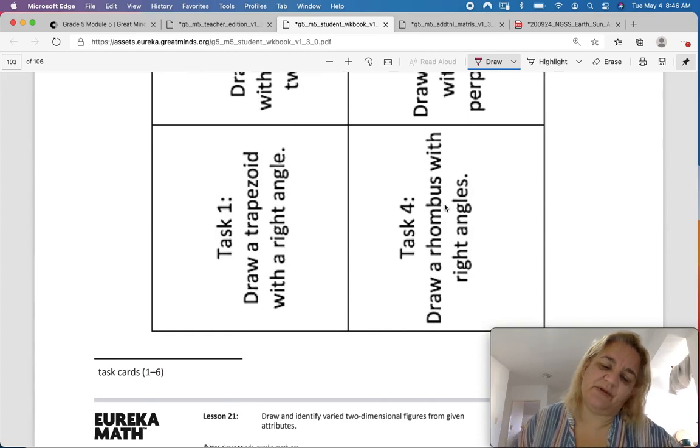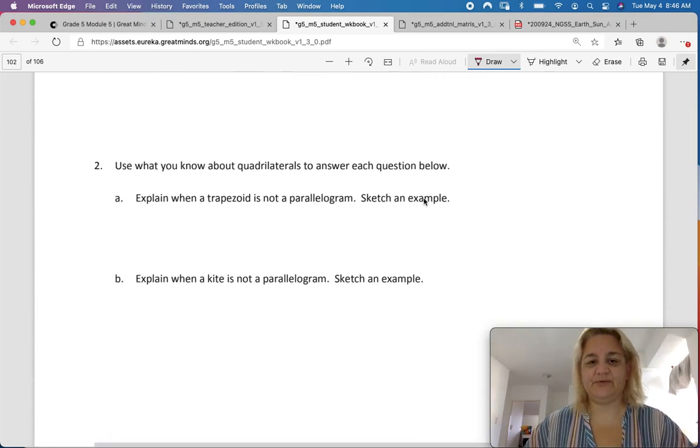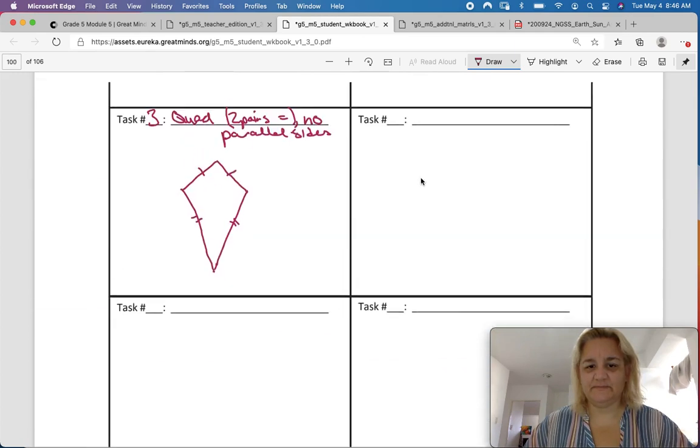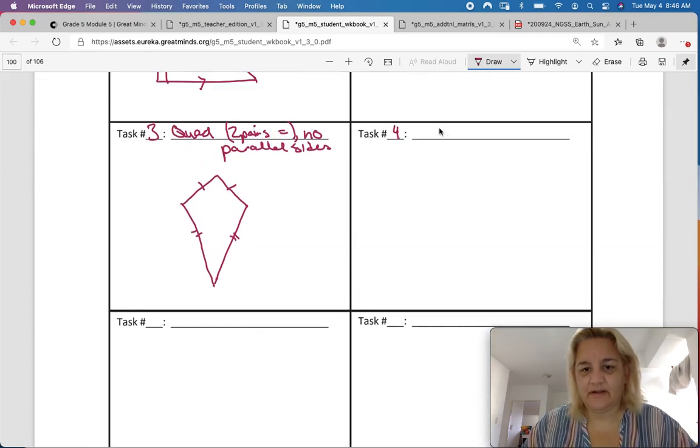Number 4. Draw a rhombus with right angles. So the rules for a rhombus are that all the sides are equal. So number 4, rhombus with right angles, angles that are right.